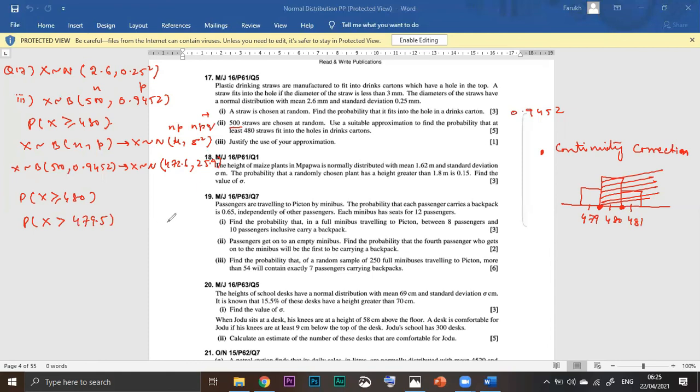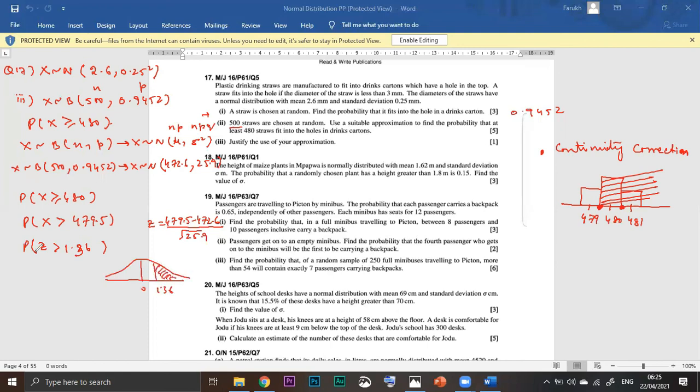Z is equal to 479.5 minus 472.6 divided by the square root of 25.9. What's the final answer? 1.36.